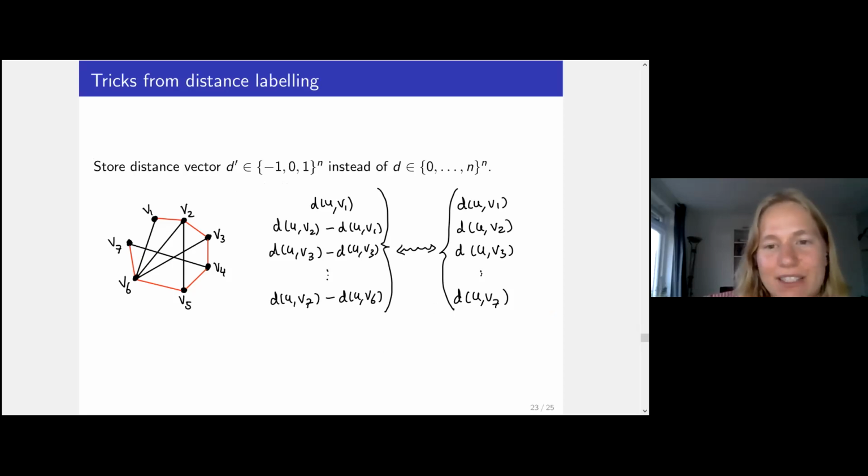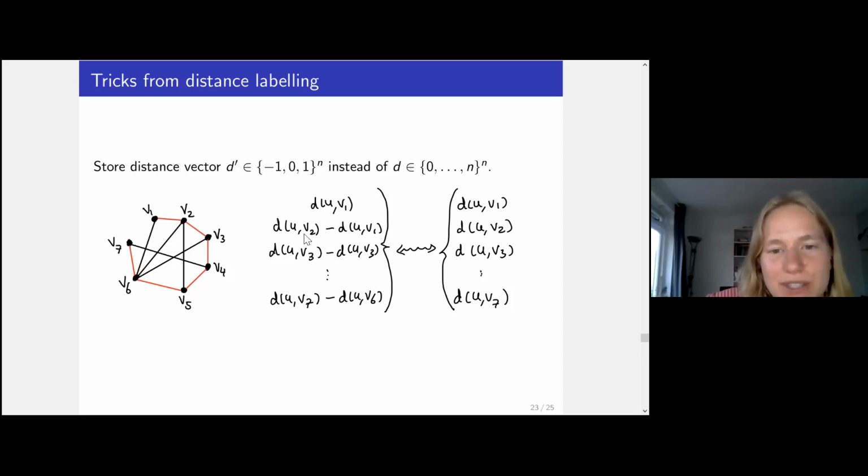So instead of storing the distances like this, so the distance from U to all the other vertices, we can also store some other linear combination of them. We don't have to store them like this. And that we can use to bound the number of options. So say I have a Hamiltonian path in my graph. Then I'm going to label my vertices 1 up to 7 following this Hamiltonian path.